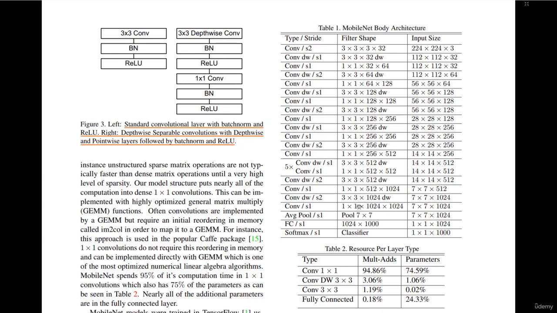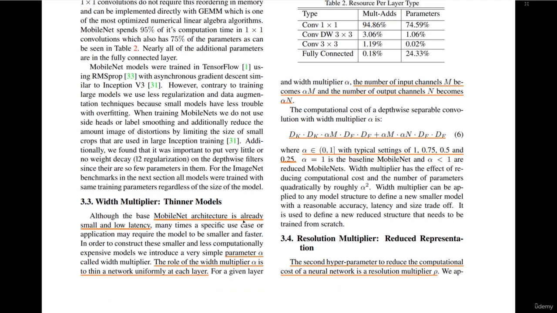Now, although the base MobileNet architecture is already small and low latency, many times a specific use case or application may require the model to be smaller and faster. And in order to construct these small and less computationally expensive models, we introduce a simple parameter alpha called the width multiplier. The role of the width multiplier alpha is to thin a network uniformly at each layer.